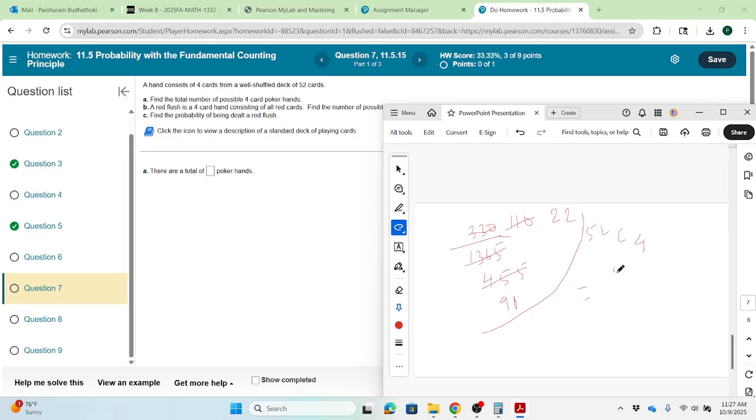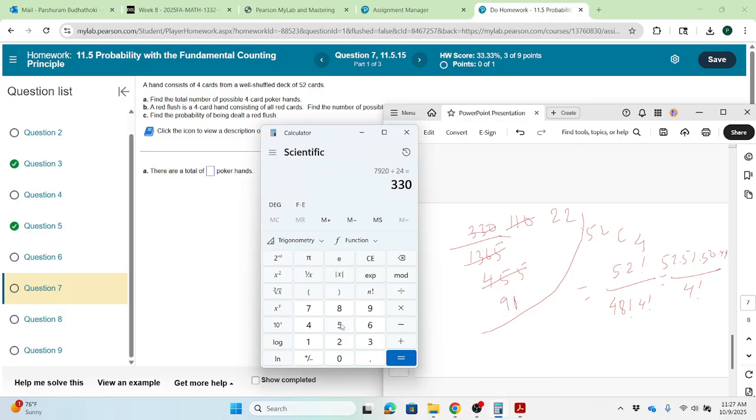That's the formula you need to use, which is 52 factorial divided by, the order doesn't matter, 52 minus 4 is 48 factorial times 4 factorial, which is 52 times 51 times 50 times 49 divided by 4 factorial, which is 24.